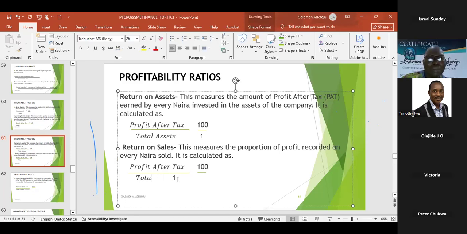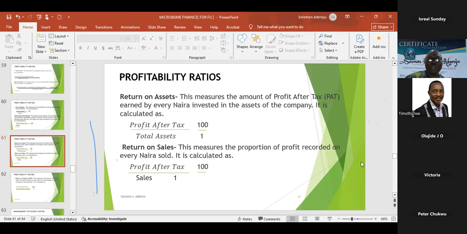It is revenue or sales. So you want to know whether the sales is making profit or not. Are we together? So it's profit after tax all over sales. You want to see whether the company is recording profit on sales. If they are selling at a loss, that ratio will be too low.